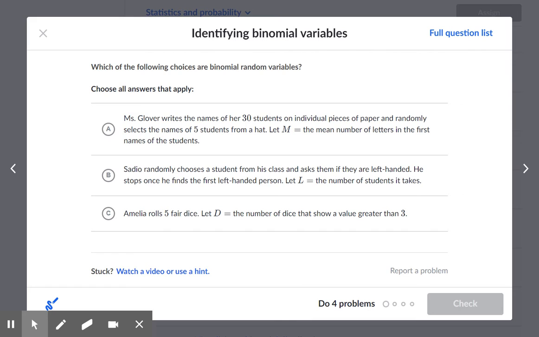So for example, flip one coin 5 times, and X is the random variable of the number of heads.